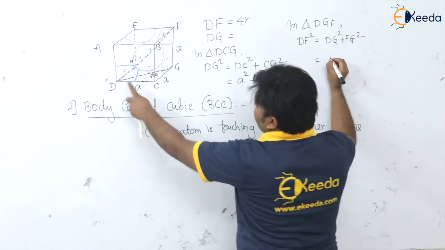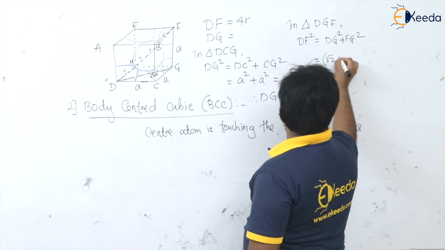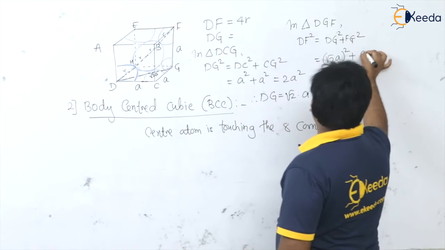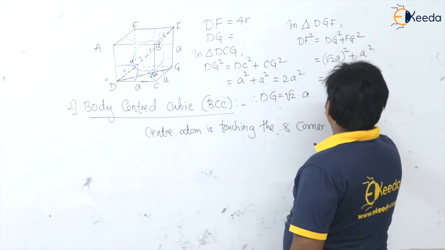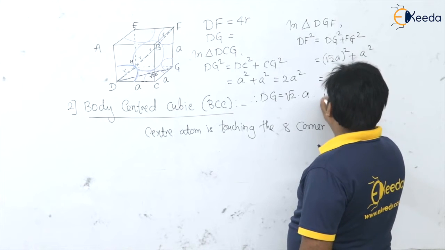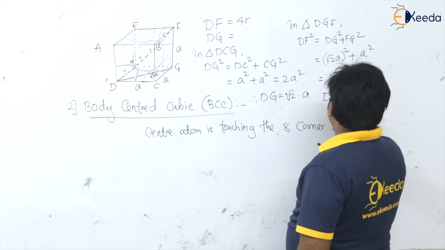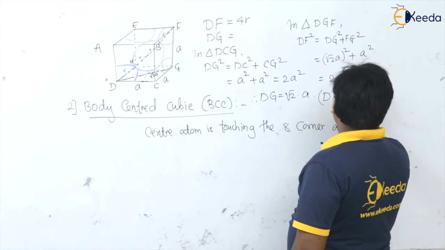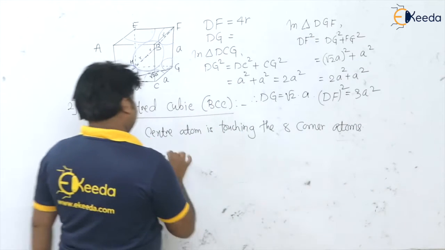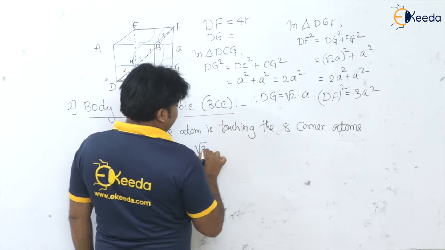So what is DG? DG we calculated here, that is root 2A whole square, plus FG is what? A square. So that is 2A square plus A square. You got here DF square as 3A square, therefore DF, what will we get here? DF, that is the body diagonal, you will get root 3A.